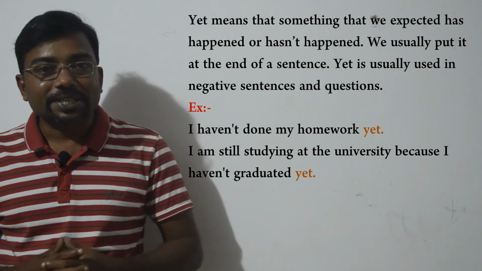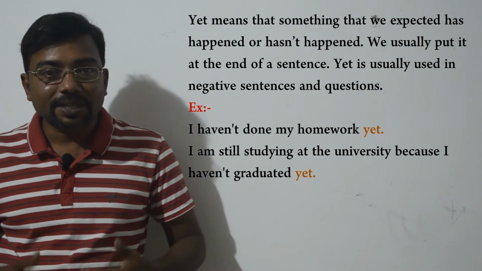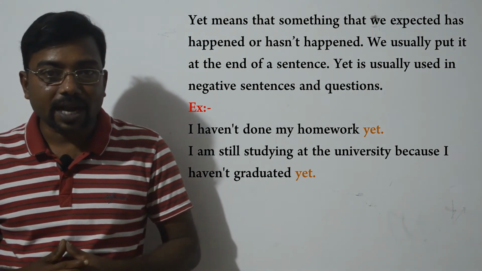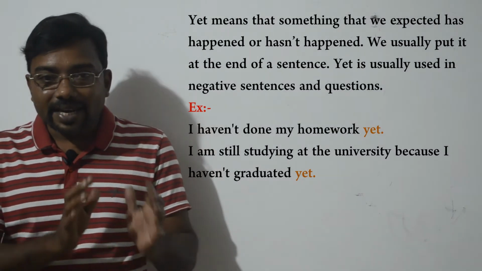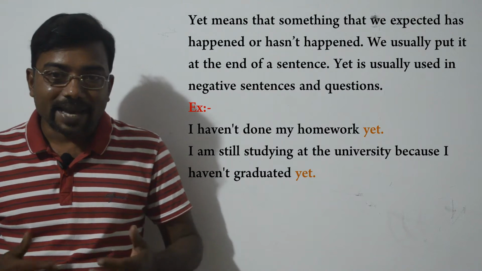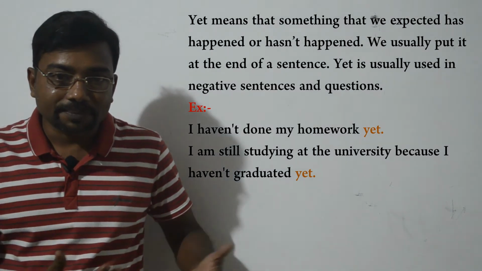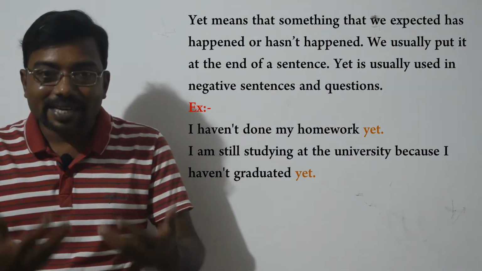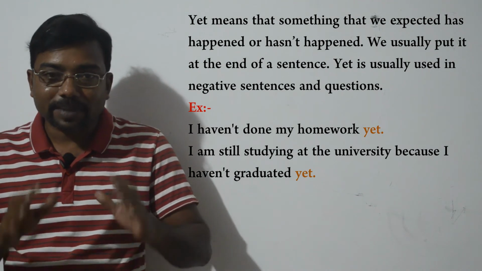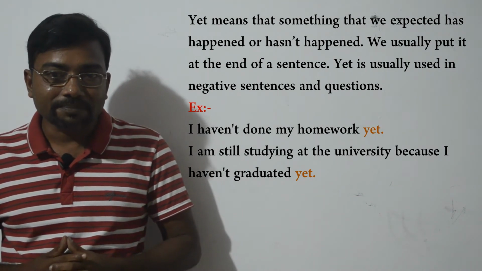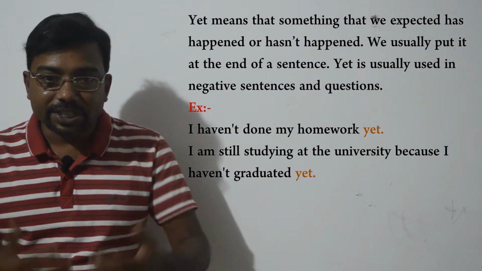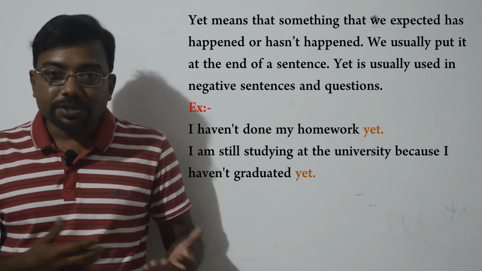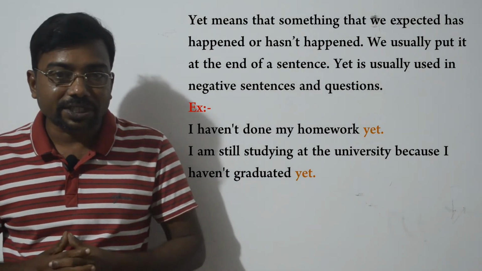Okay, look at the next example. I am still studying at the university because I haven't graduated yet. Remember, we can also use yet and still together to explain a situation where a certain action is continuing until now. Here first, I am still studying at the university. Here still is used to talk about an ongoing action or continuous situation. And also in the last part we used because I haven't graduated yet.